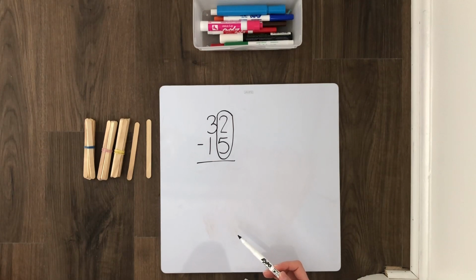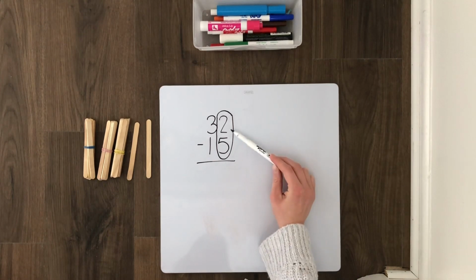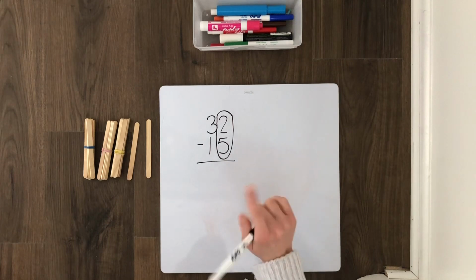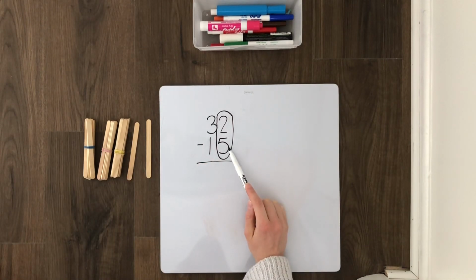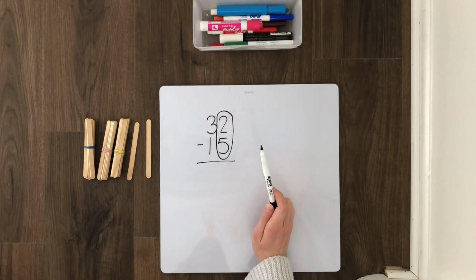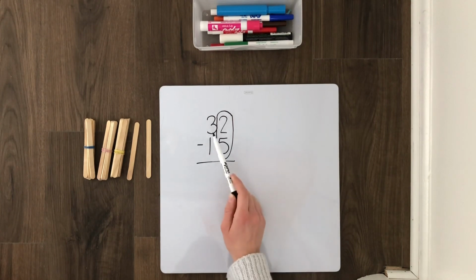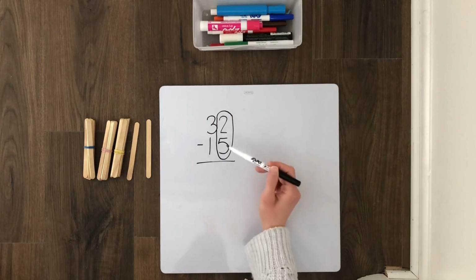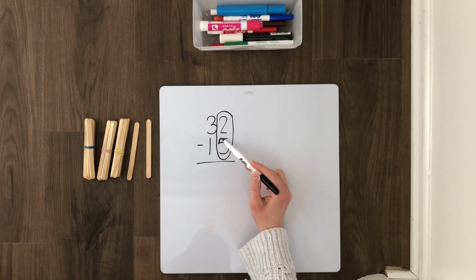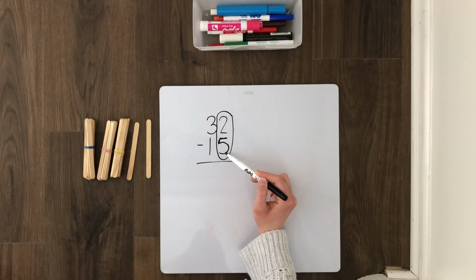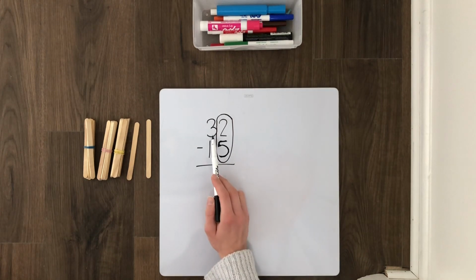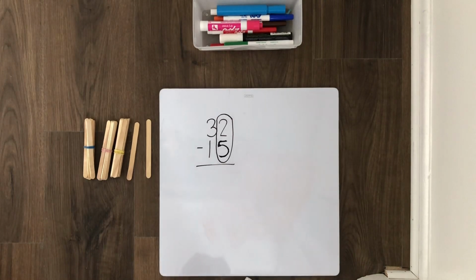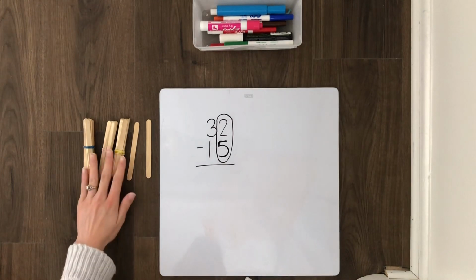Remember, our rhyme is: more on top, no need to stop; more on the floor, go next door, get 10 more. As you can see, there is more on the floor in the ones spot, which means we do need to borrow from our tens. We're going to show that using our popsicle sticks.